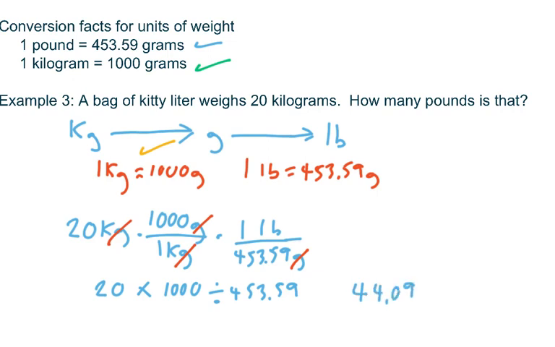I rounded that to 2 decimal places, and the unit on the answer will be pounds, 44.09 pounds. So those are a few nice examples, I hope, that will help you see the general idea of converting units. Again, we've been focusing on English to English or English to metric, metric to English. Thank you very much.